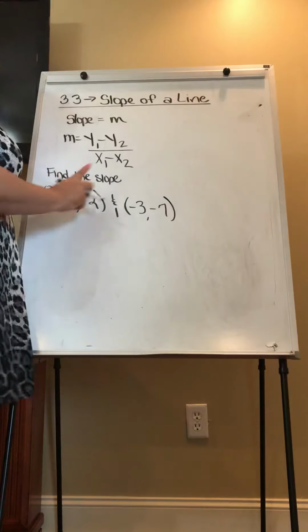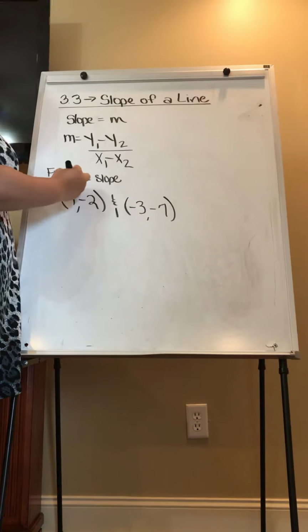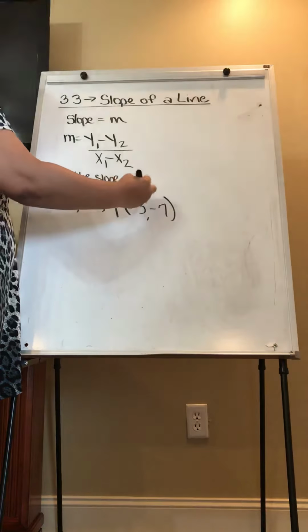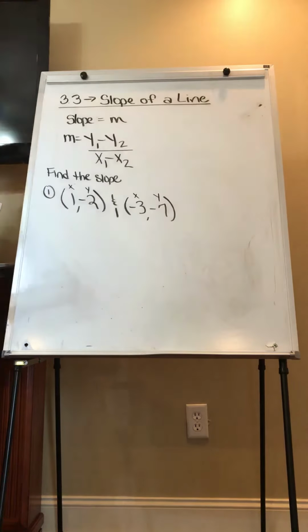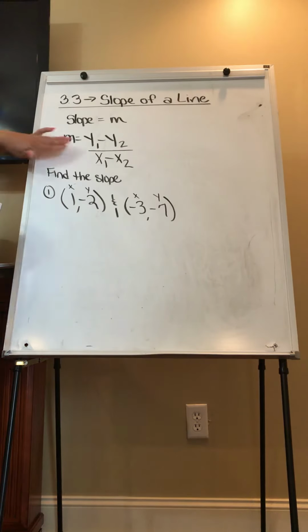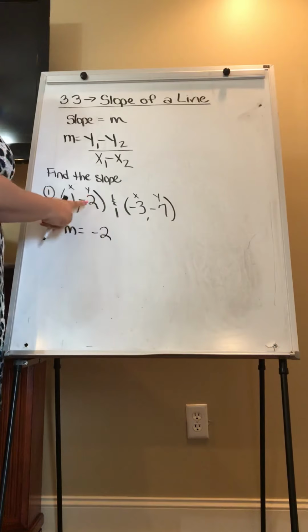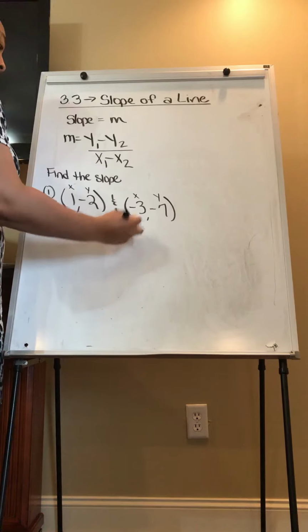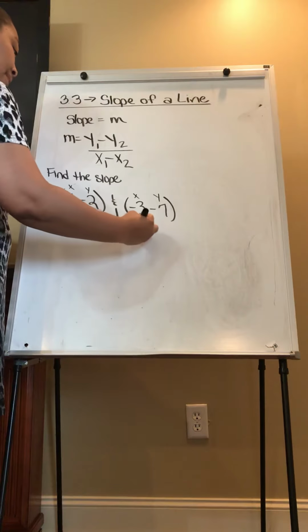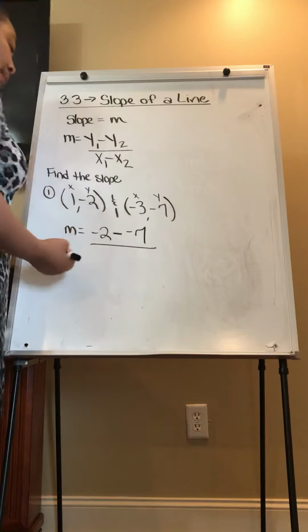Now, in these ordered pairs, you know you have x and y, x and y. So I'm going to take my numbers, my x's and my y's, and plug them into this formula. So on top, I'm going to have my y's. So I have -2, that's a y, minus -7. That's what's on top.